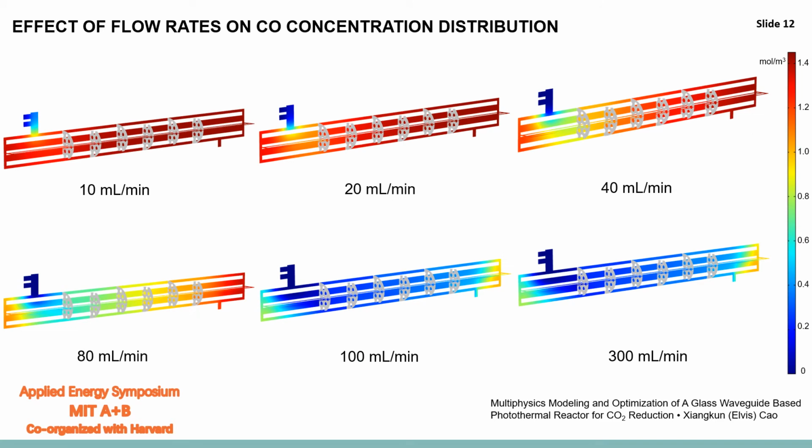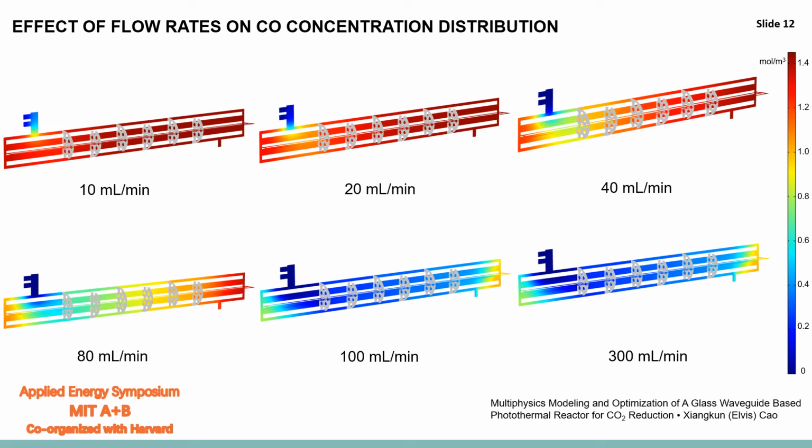In our simulations, we studied three operating parameters: flow rate, catalyst mass, and light intensity. We focus on two things as the output. First is the CO concentration distribution, and then the pressure drop, so that they can be related to practical applications.